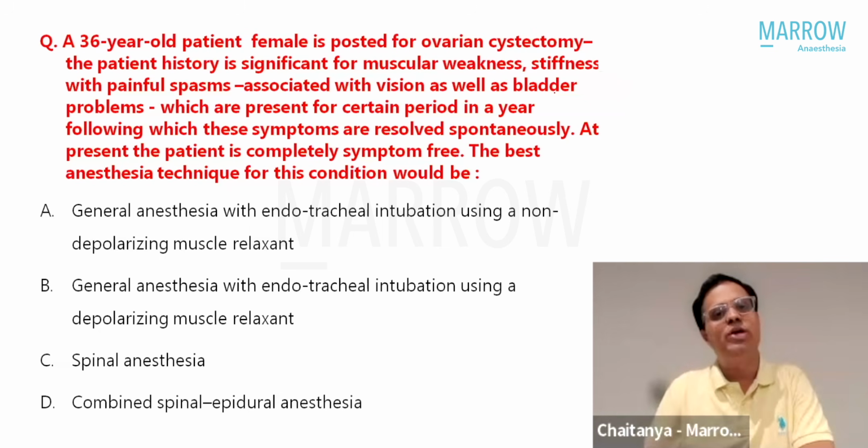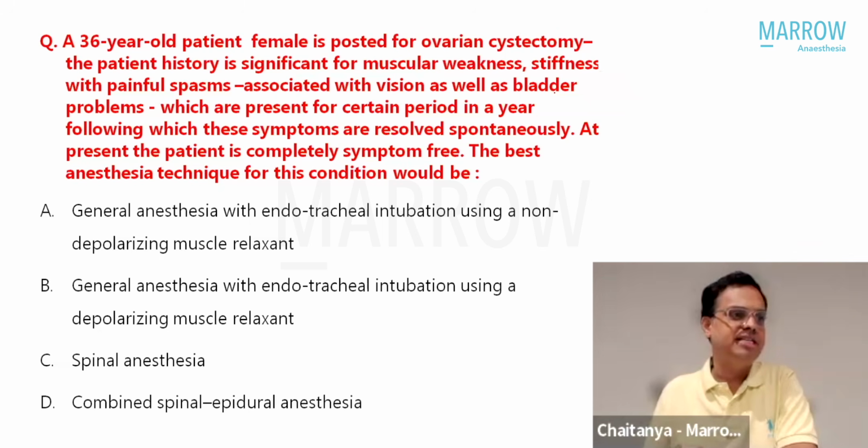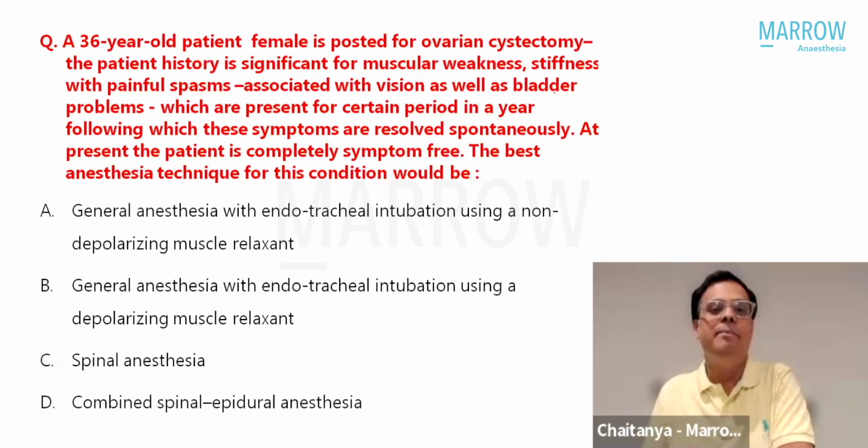One of the relative contraindications for regional anesthesia is any progressive neurological disorder. Right. So if you are planning to take this case under a progressive neurological disorder, doing spinal anesthesia itself might be a bit riskier. Why riskier? The patient might have worsening of the symptoms.